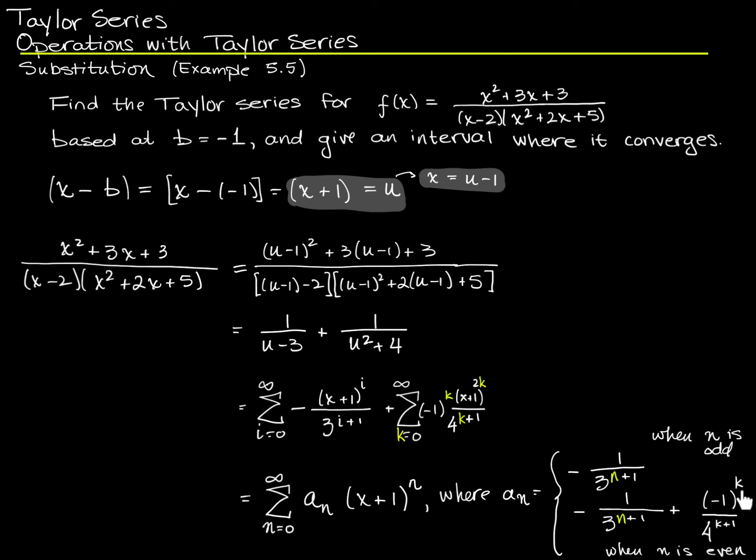But I need to figure out how to write the index here for every instance, right? If n is an even number, what is k? Well, we've already taken care of the case where n is an odd number. When n is an even number, we want all the instances of this thing to pop out. So when n is an even number, we want the index to be n over 2, half of that even number.